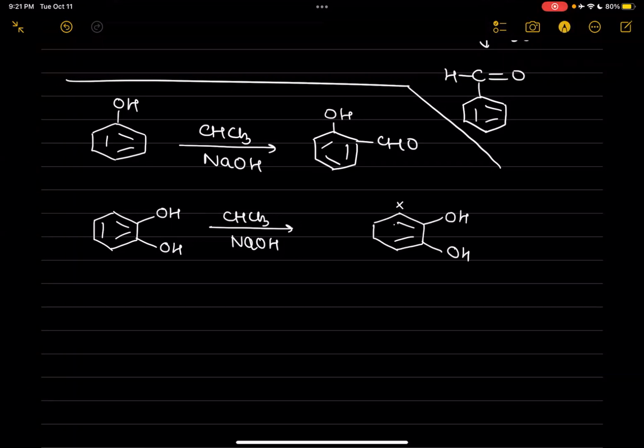So then that's the common name. Okay. So these are ortho positions. This is ortho of the upper OH, and this is ortho of the lower OH. And these are para positions. Right? Yes, sir.